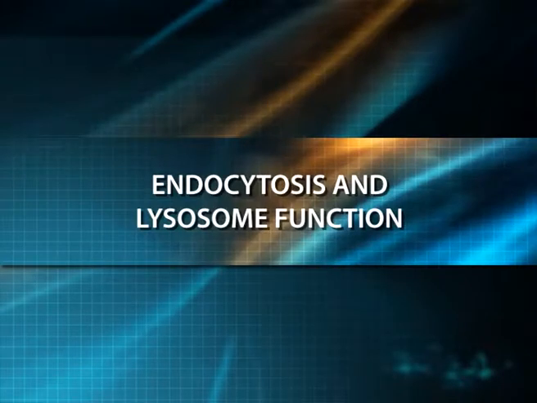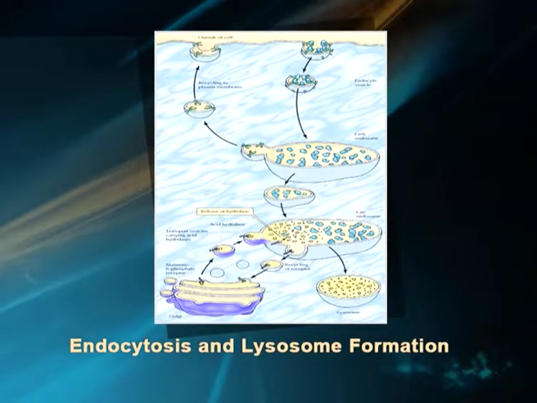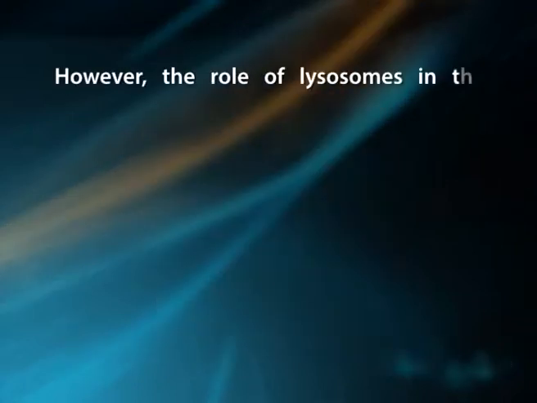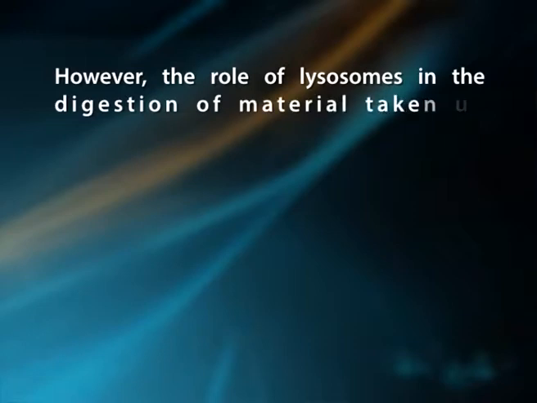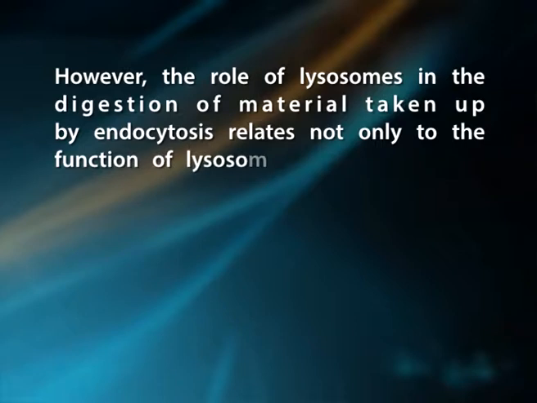Endocytosis and lysosome function. One of the major functions of lysosomes is the digestion of material taken up from outside the cell by endocytosis. However, the role of lysosomes in the digestion of material taken up by endocytosis relates not only to the function of lysosomes, but also to their formation.